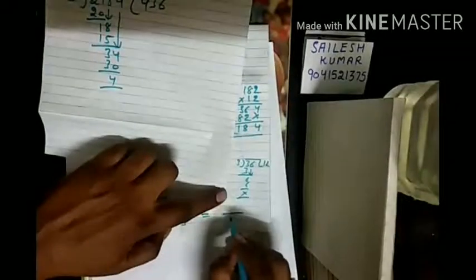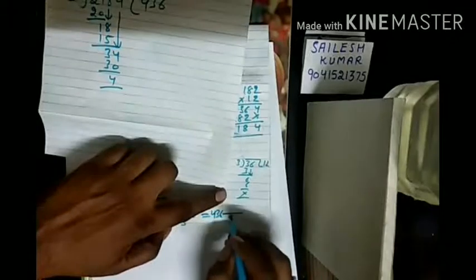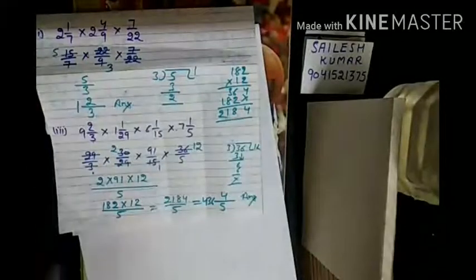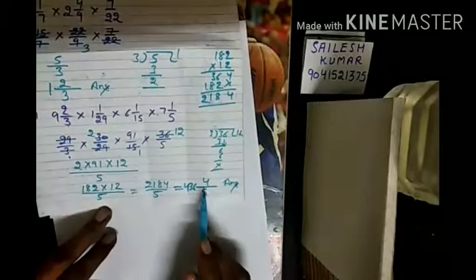So I will write it 436 and 4 by 5. Now this is my answer. This is the rough work and this is the answer, 436 and 4 by 5.